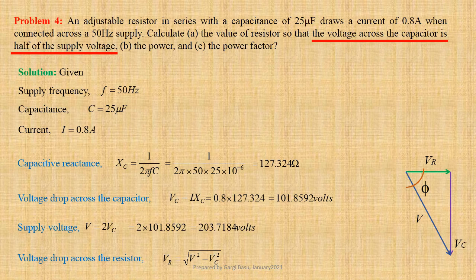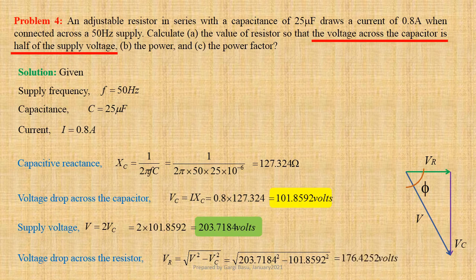From the voltage triangle, we get the voltage drop across the resistor VR equals root over V square minus Vc square. That is equal to root over 203.7184 square minus 101.8592 square. That gives us 176.4252 volts.